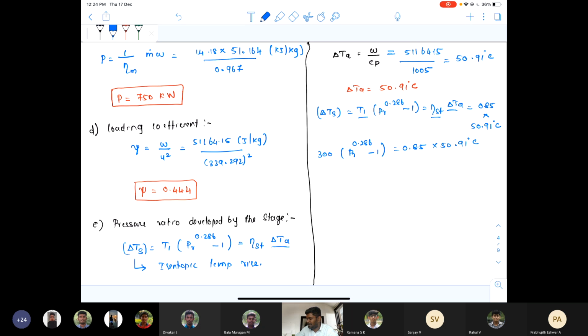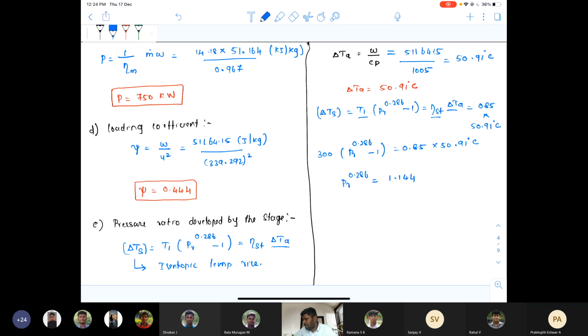Now, on calculation, you will be getting the value of PR is equal to 1.6. You should multiply this with this equation, that is, you will be getting 300 PR to the power of 0.286 minus 300, which will be equal to this equation. The 300 goes to the other side, and you get PR to the power of 0.286 is equal to 1.144.